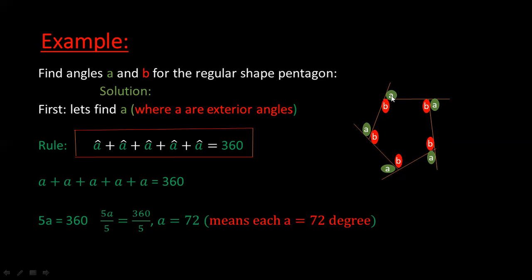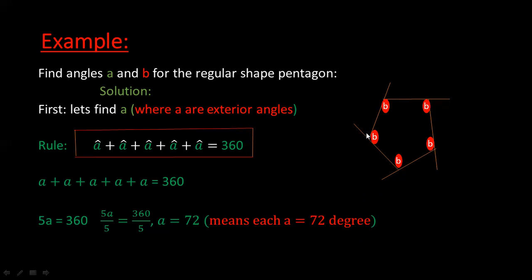The next step, we are going to calculate B, which is in red, and these are the interior angles. This is going to be a revision because the previous lesson was about them. We have just calculated A, the exterior angle, and this A equals 72, and this A also equals 72, and this A also equals 72.